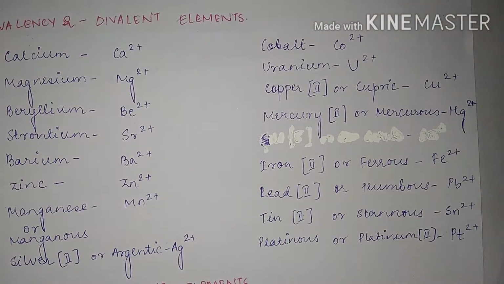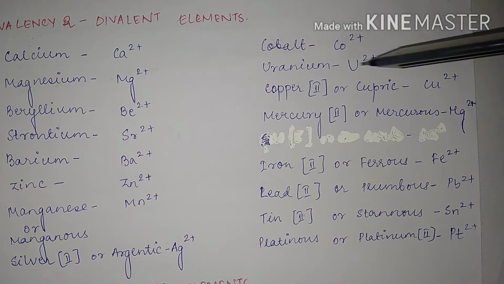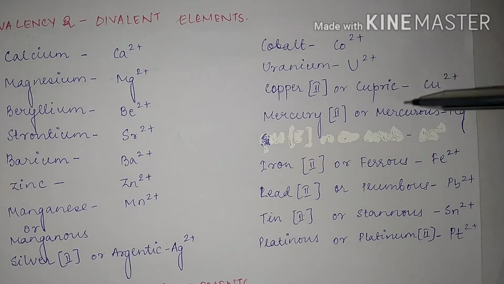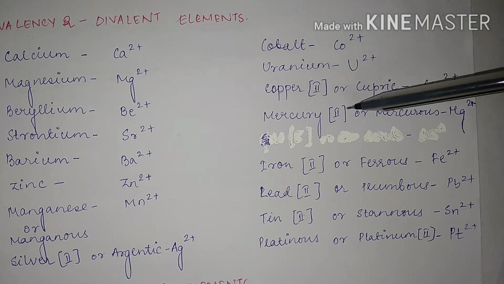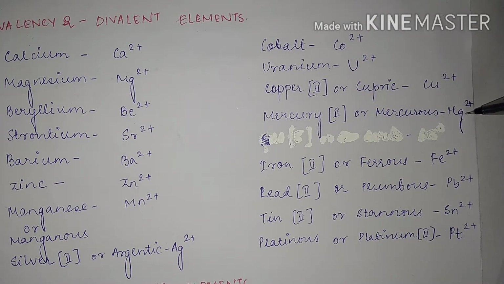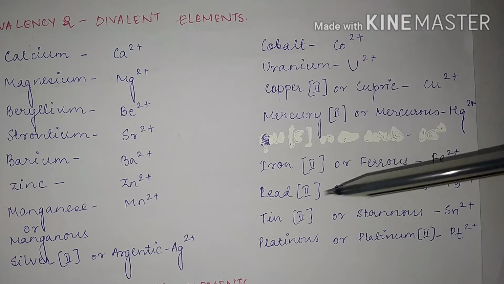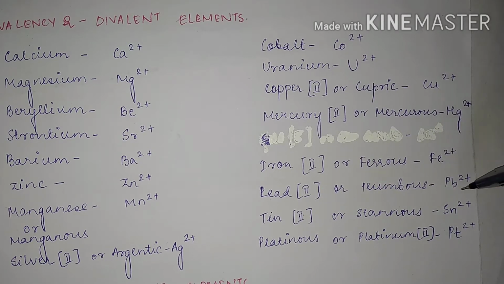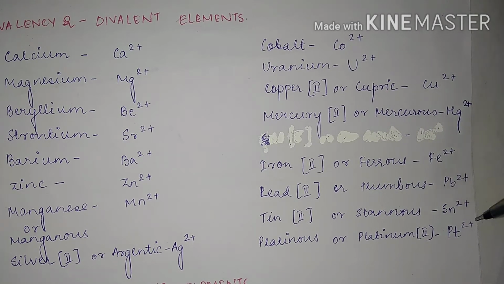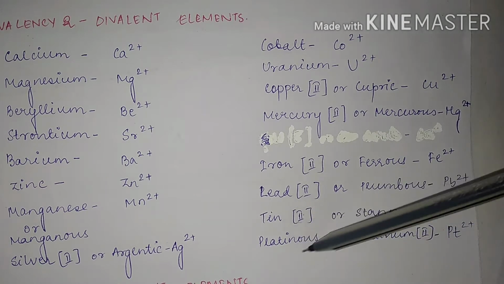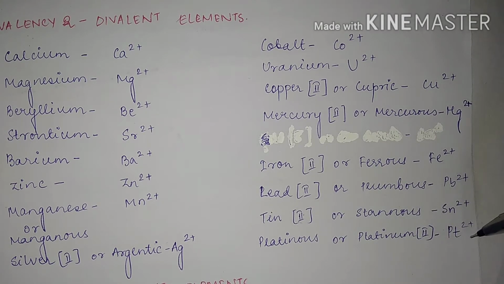Next we have cobalt 2+, uranium also 2+, U2+, copper 2 or the cupric ion, Cu2+. Then iron 2 or the ferrous Fe2+ ion, mercury 2 or the mercuric Hg2+ ion. Then lead or plumbous, Pb2+, tin 2 or stannous, Sn2+, plumbous is also the Latin name, and platinous or platinum 2 is Pt2+.